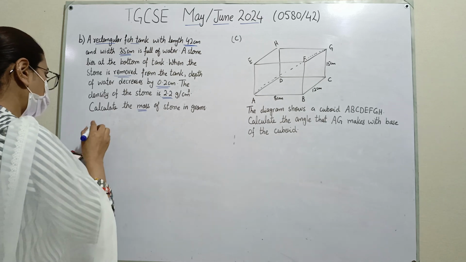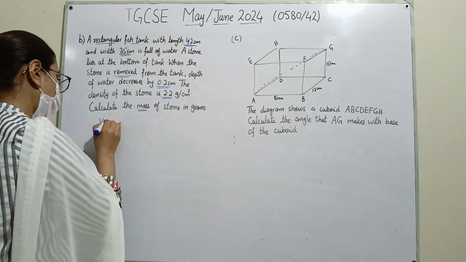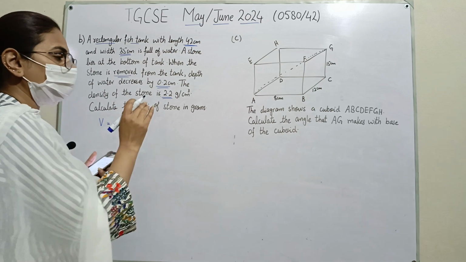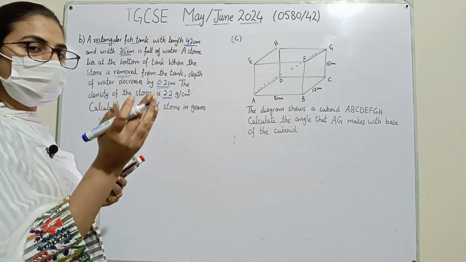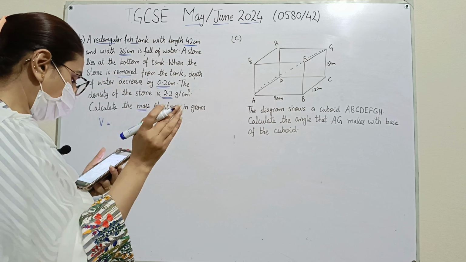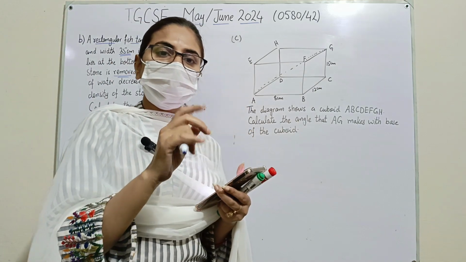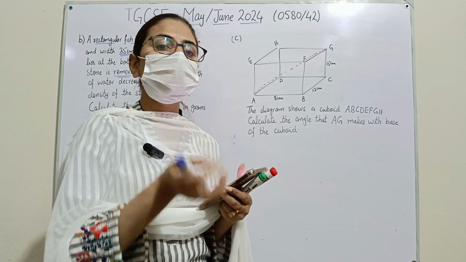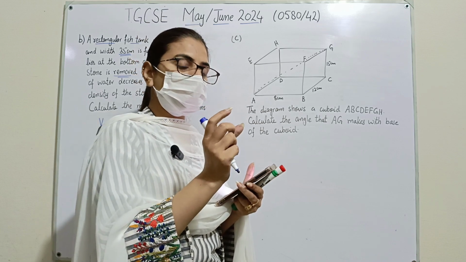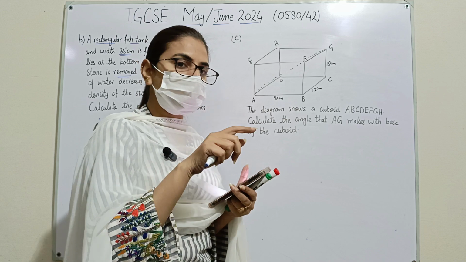Since you know that the volume is always the multiplication of three sides, length into width into height. So here there are actually two volumes. First of all, the volume with stone and the volume without stone. First of all, calculate the volume of the tank with stone.